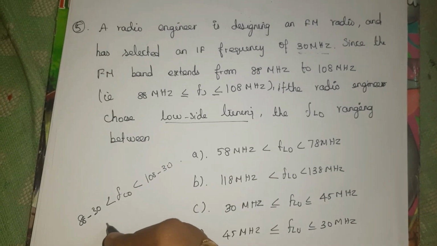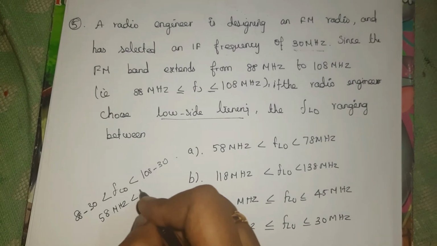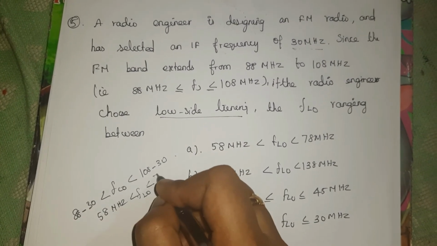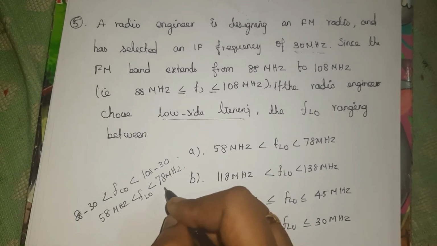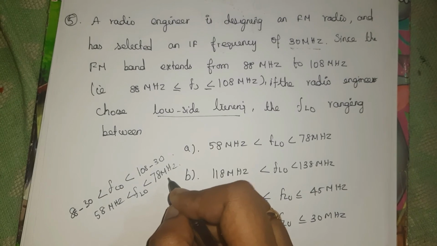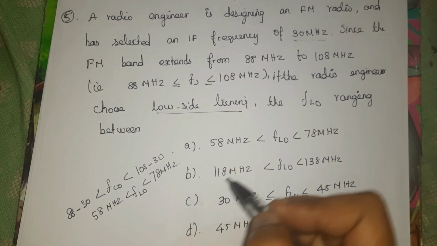So we will get 58 MHz FLO and 78 MHz. So the range is 58 MHz to 78 MHz because we chose low side tuning. So here the answer is A.